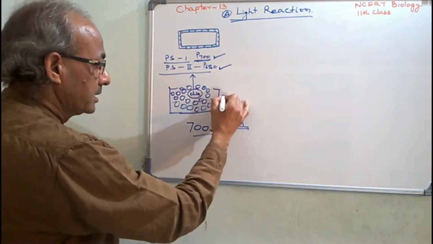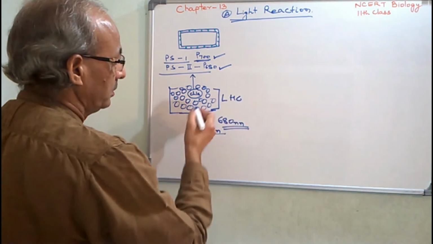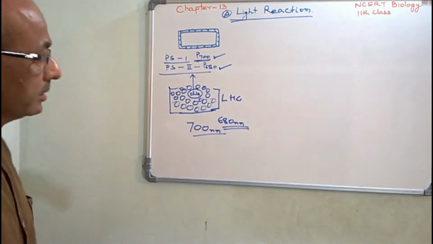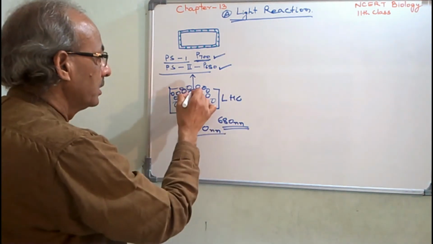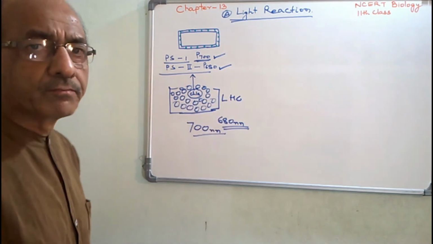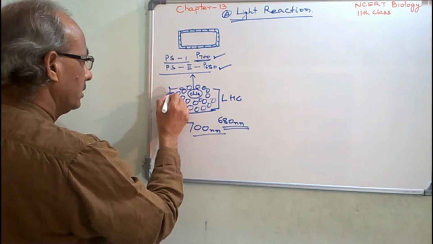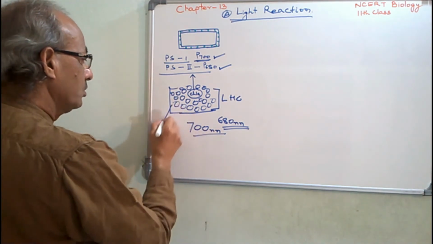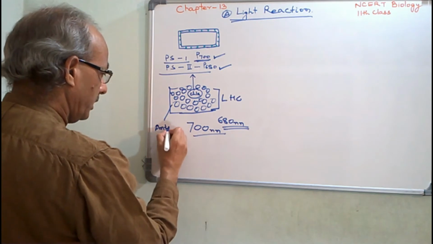Here, in these light harvesting complexes, a number of pigments are helping the reaction center chlorophyll A. And these accessory pigments are also called antennae.